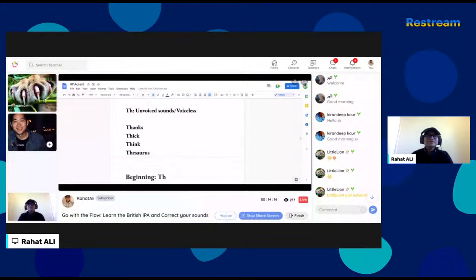No. You have missed the second word. It's a thing. Thick. Thanks. Think. What is the last word? Try it again, please. Thesaurus, thesaurus. I'm not able to. Sorry for that.